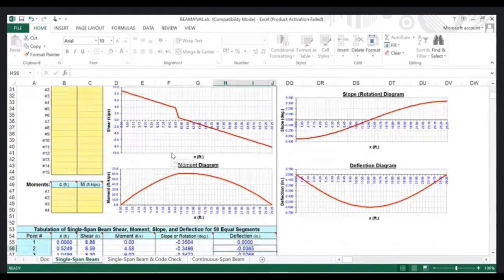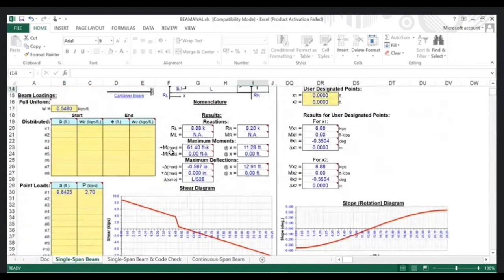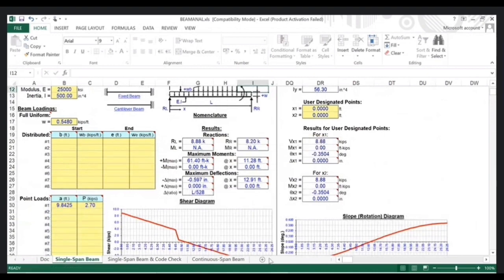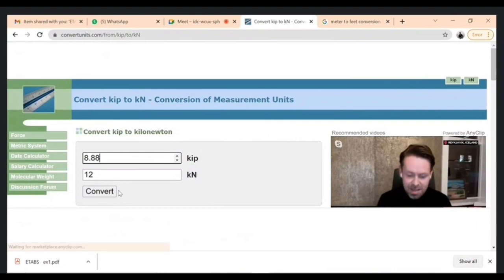So firstly we can see here our reaction values. You can see here the left support reaction coming is 8.88 kilo pound. So we can convert this 8.88 kilo pound is equal to 39.5 kilonewton reaction on the left support.